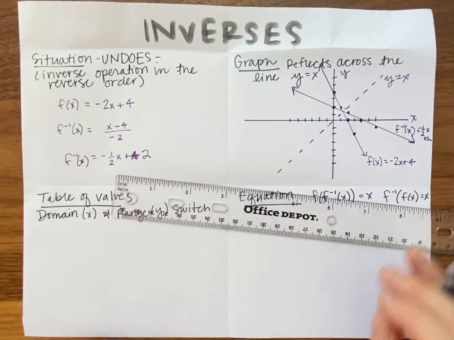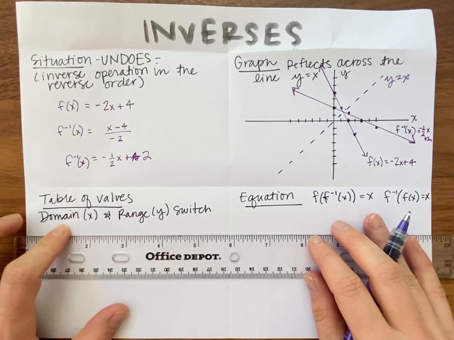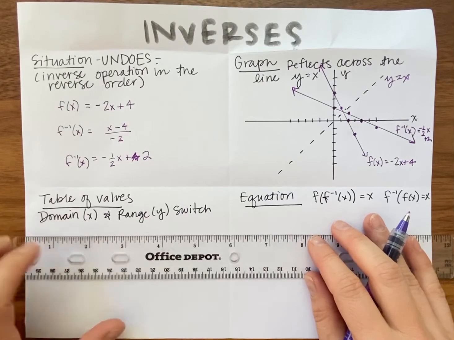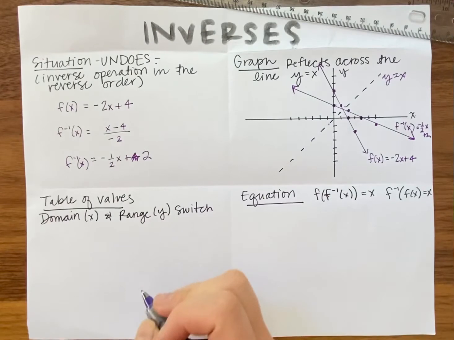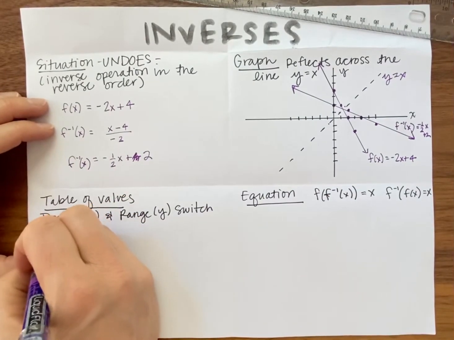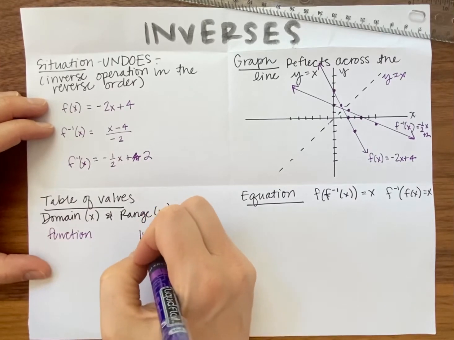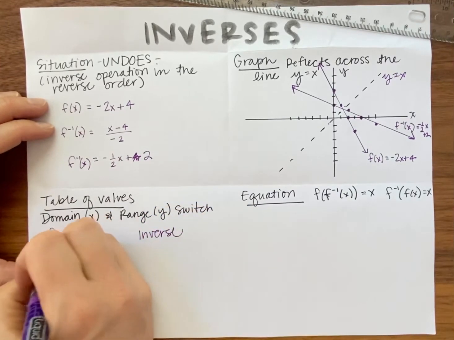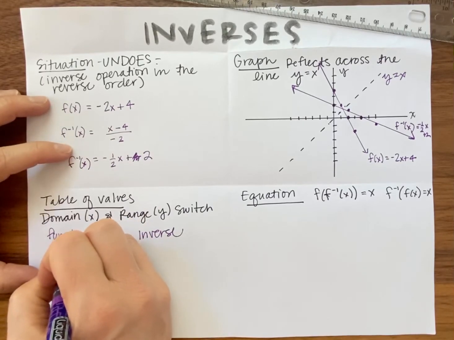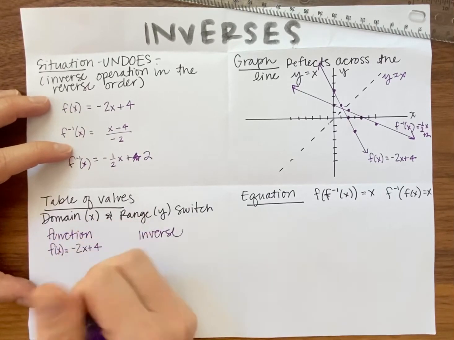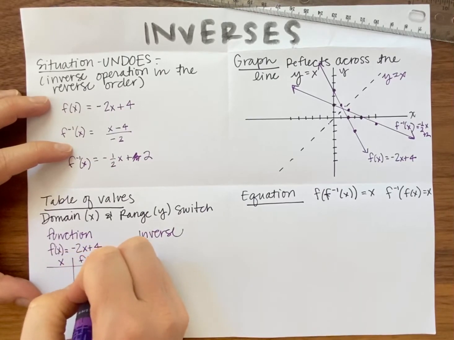Now let's talk about the table of values. You may remember the domain and range are switched. Maybe you said x and y are switched. That works. So if we have the function and the inverse, so the function f of x equals negative 2x plus 4, x and f of x.